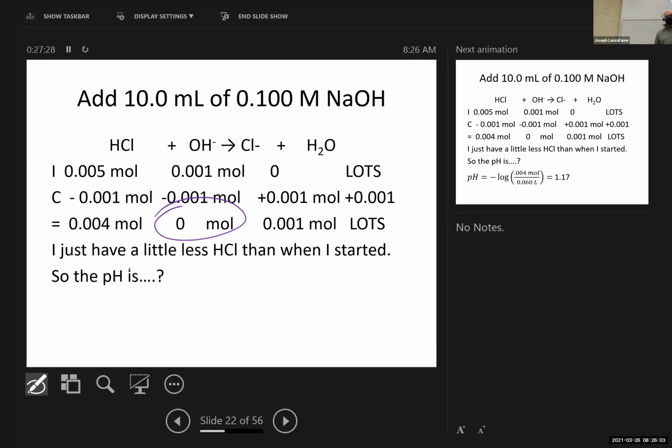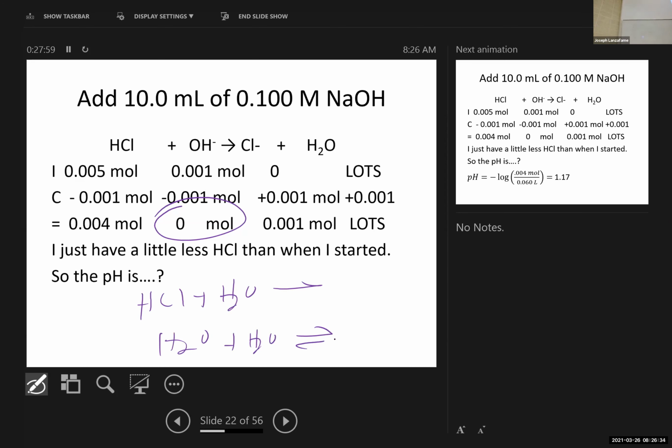So I have less HCl. I now have chloride. All right. Thank goodness chloride's a spectator. I don't really have to worry about that. I can't do anything else with the hydroxide. So the only reaction I actually have left, well, I have 2 left, but the only reaction I'm going to ultimately care about is the Ka of HCl.